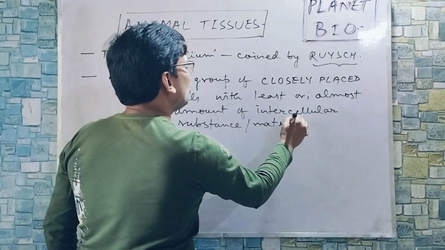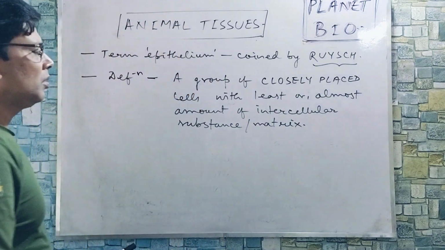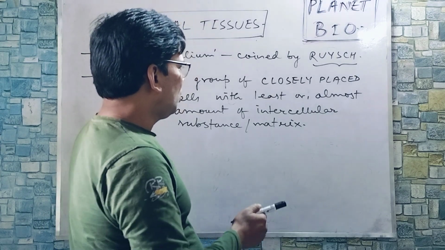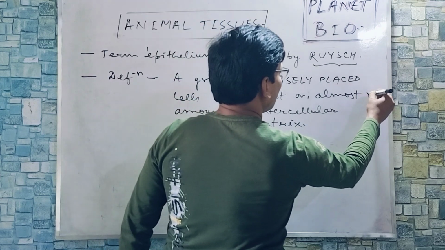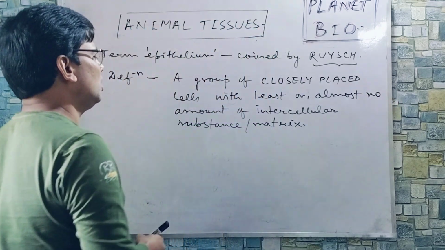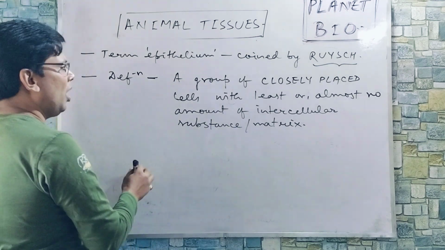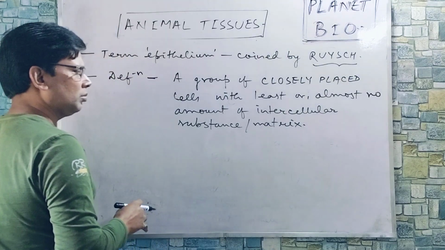Cells are so close that the space is very, you can say, negligible. So least or almost no amount of matrix or intercellular substance you can find there. Closely placed, and it may be placed in one layer or many layers, but closely placed.